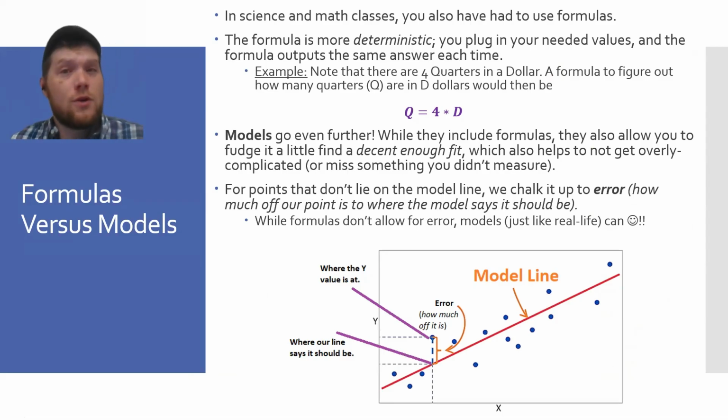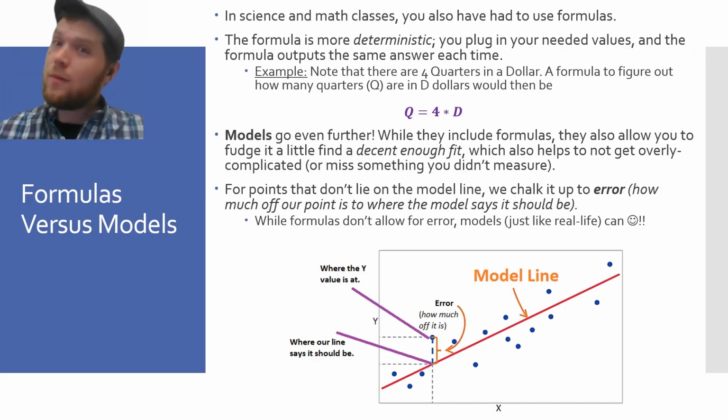So if there are 4 quarters in $1, a formula to figure out how many quarters there are in D dollars would be: number of quarters equals 4 times the number of dollars. So if I have $5, 4 times 5 is 20. That means you get 20 quarters for $5.